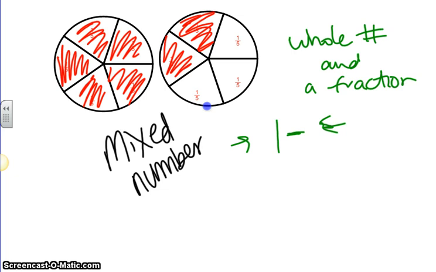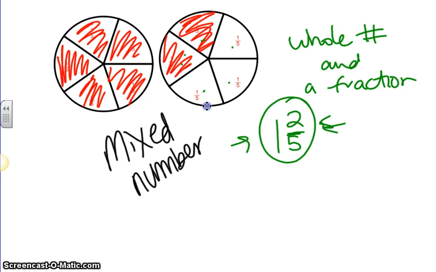So my fraction would be, how many pieces do I have total? 1, 2, 3, 4, 5. And my numerator would be how many are shaded? 1, 2. So my mixed number would be 1 2/5 because I have one whole picture, and then in the picture that's not the whole, I have 2 out of 5 shaded.